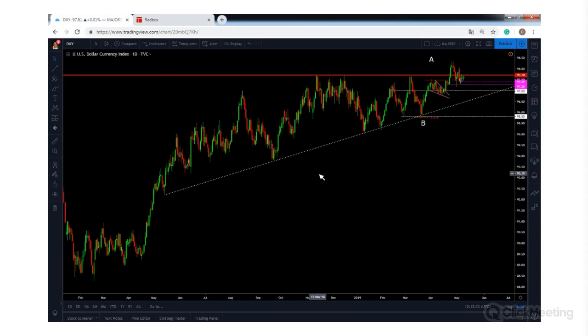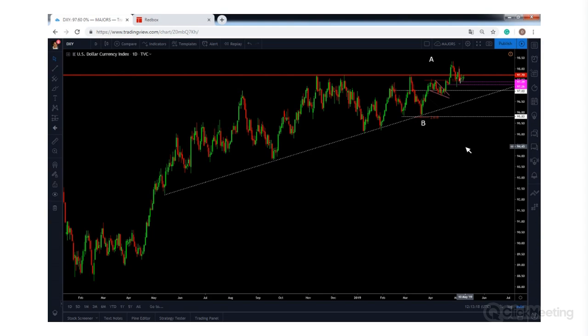The US dollar has been in a very bullish move since the Federal Reserve started to ease its quantitative easing, but it has been capped by the 97.70 level. We tested it a couple of times, and right here in mid-April is when we broke to the upside with this continuation pattern. But as you can see, we have broken to the upside twice, and it was clearly a fake out.